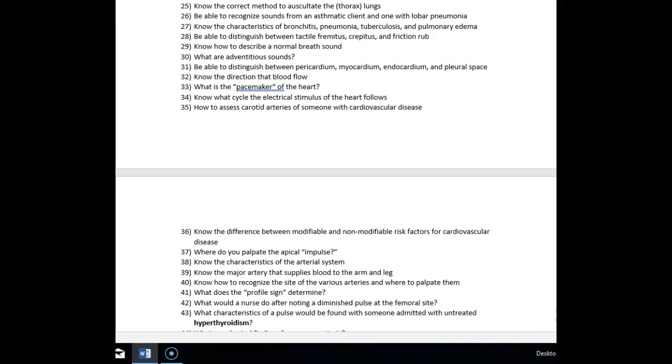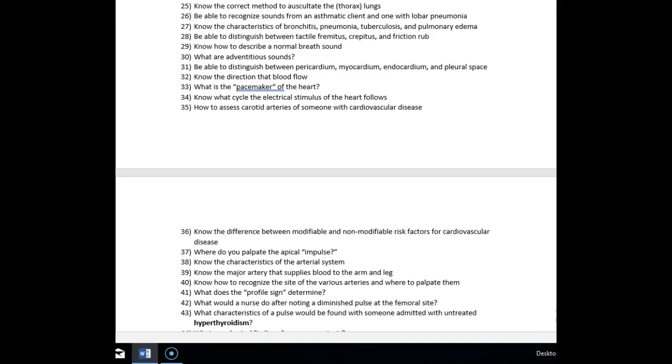Basically you go from side to side, then down, then to the other side. The purpose is so that you can compare the breath sounds and make sure they're the same on each side.